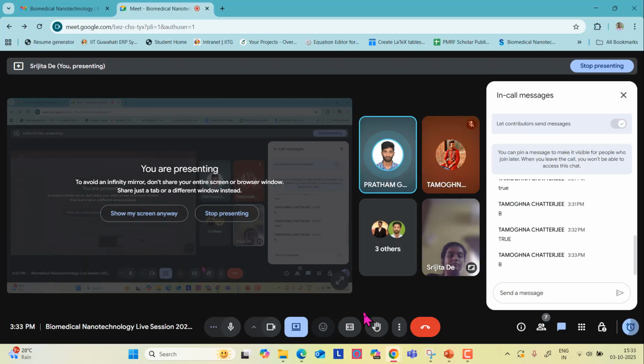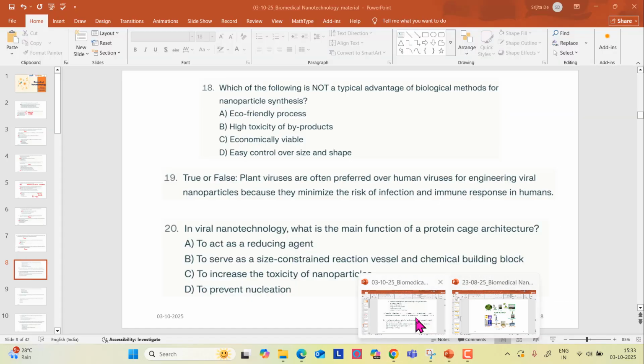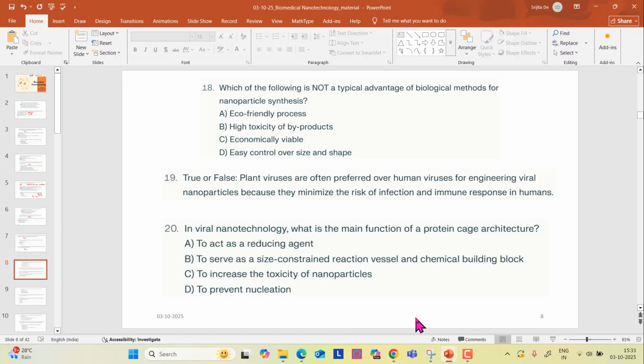Ease of controllable size. The answer is B. Yes. High toxicity of byproducts.